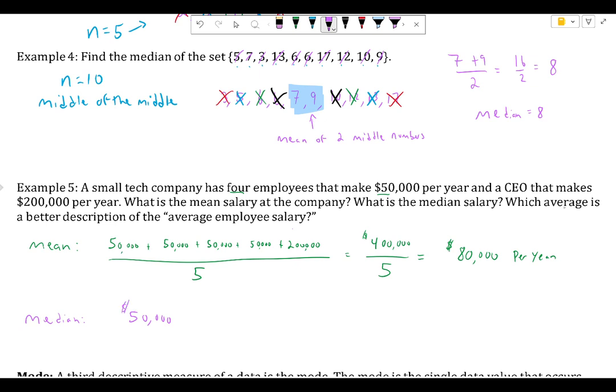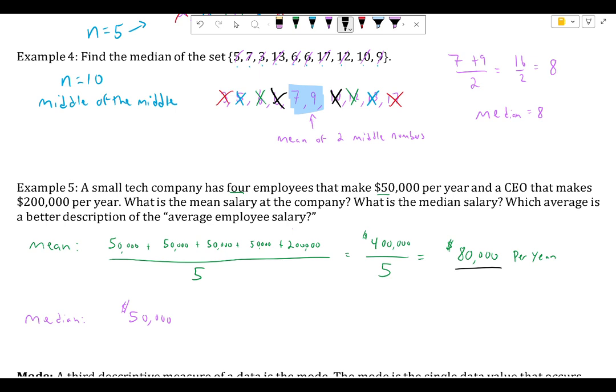And then the question says, which average is the better description of the average employee salary? Remember, when we're talking about the average, we're talking about all of the different measures of central tendency. In this case, we see that the mean is 80,000, but there are no employees that make 80,000. There are 4 employees that make 50,000, so less than 80,000, and there's 1 employee that makes 200,000.